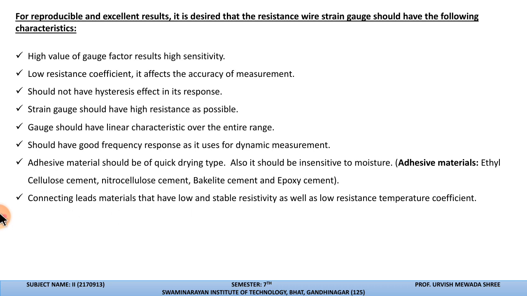Now the connecting lead materials we generally use have low stable resistivity, because if the resistivity of the lead material is high, then we cannot use that gauge for the higher range. They should also have a low resistance temperature coefficient.